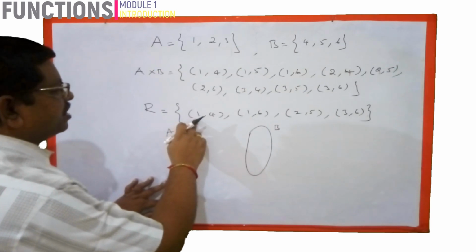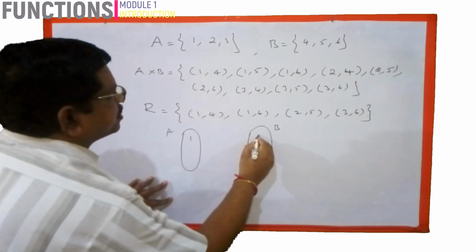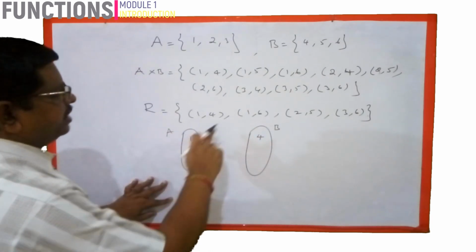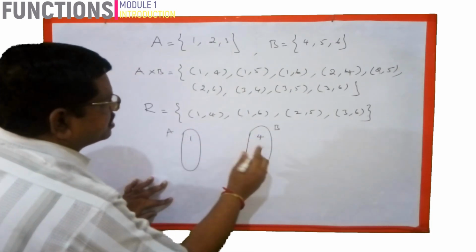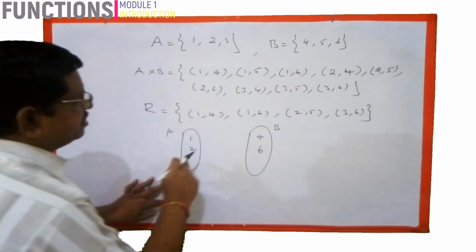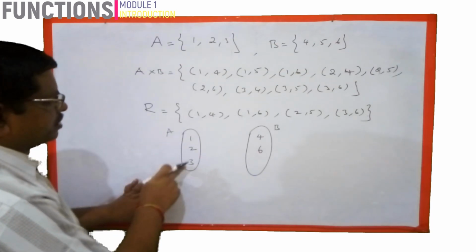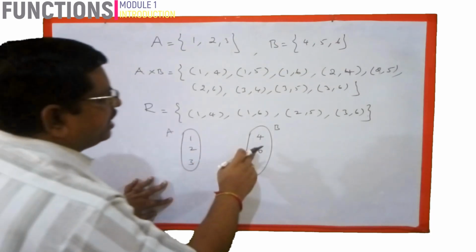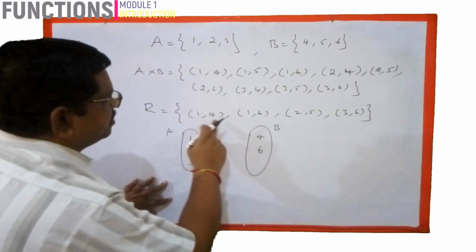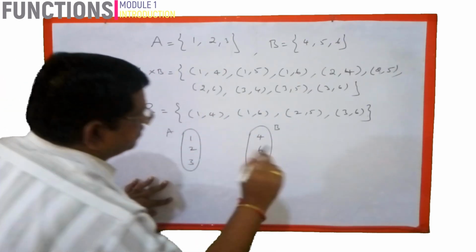So in (1, 4), 1 is present in set A and 4 is present in set B. Next, (1, 6), so 6 is present in set B. Here 2 and 3 are also present in set A, so 1, 2, 3 are present in set A. The elements present in set B are 4, 6, and again 5.